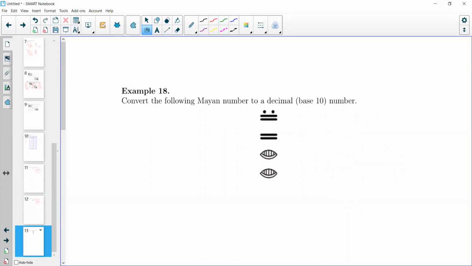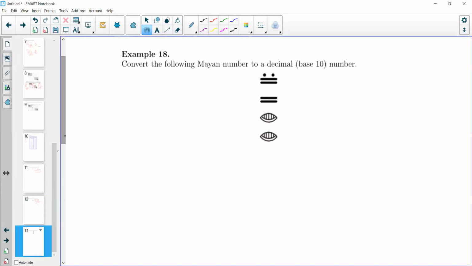Okay, second to last one. So what do we have here? Looks like two smiley faces and an eyebrow and some monster looking at you. So what's this? What's this?